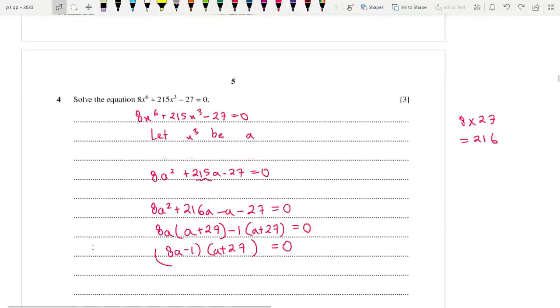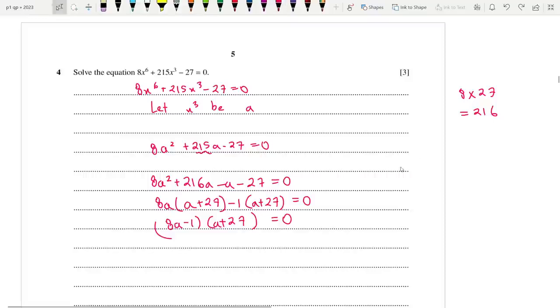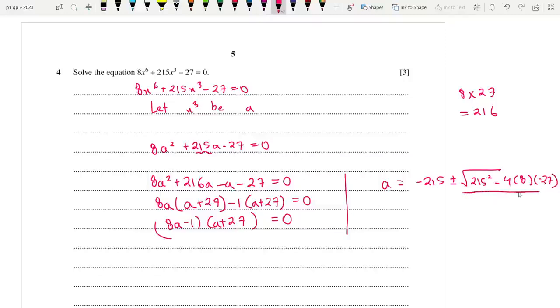You could also use the general formula. It's mentioned in the mark scheme. Like you could go for a is equal to minus b, minus 215 plus minus root over b squared, 215 squared minus 4 into 8 into minus 27, divided by 2 times 8, which is minus 215 plus minus root of 215 squared plus 4 into 8 into 27.